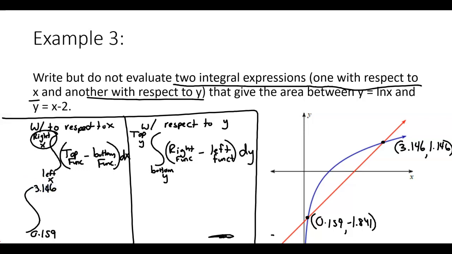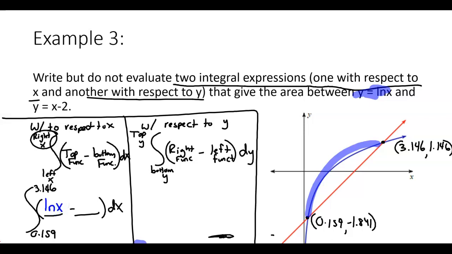All right. Now Jacob, what function comes first here? Which one? Good, because it's top minus bottom. Ln is the blue one. You can tell because it's curving, and that one's on top. So that one has to go first.